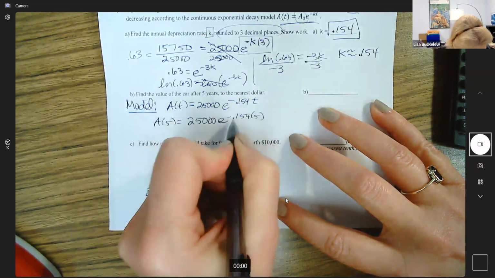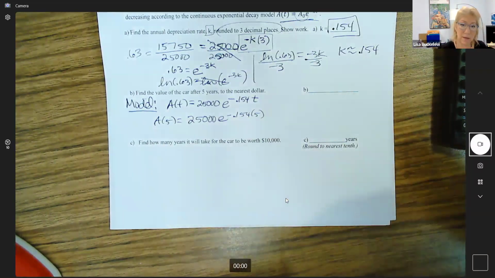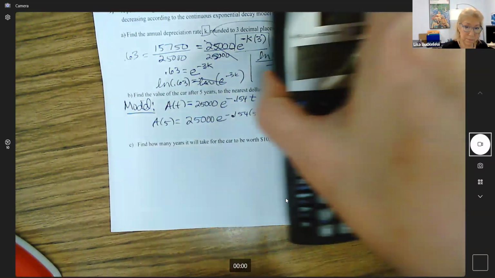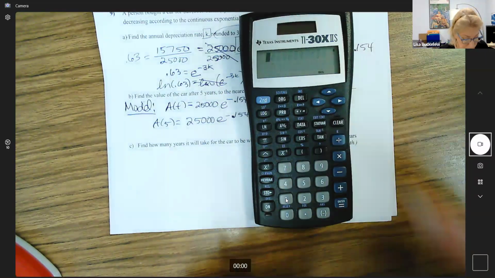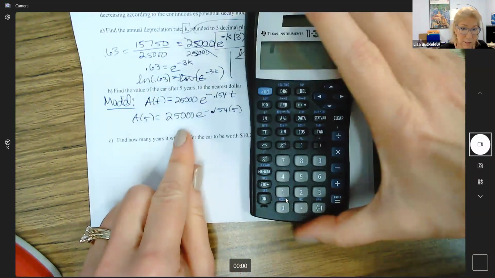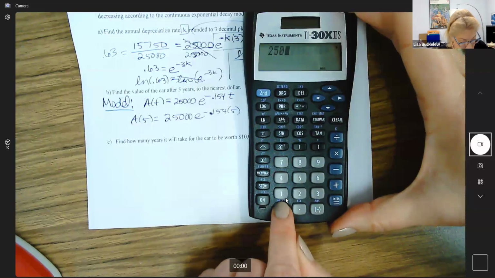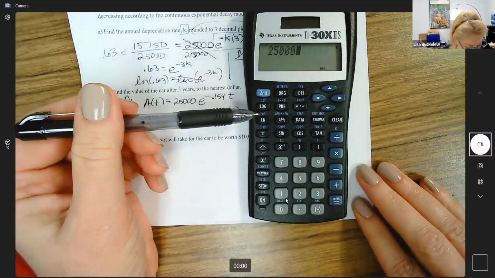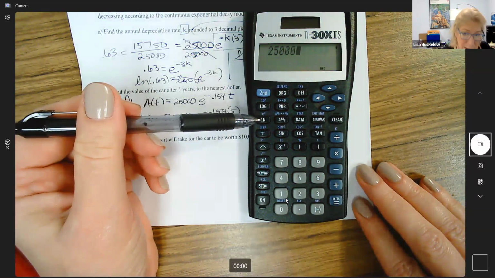0.154 times 5, like that. Okay, so let's go back to the calculator. I'm going to type this expression in. So 25,000 times e to the power of, and to remind you, e to the x is above the ln, the natural log button.